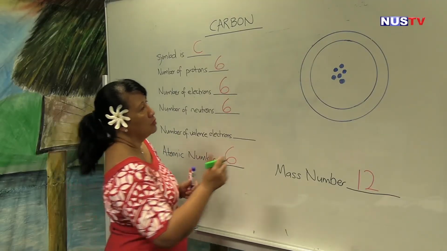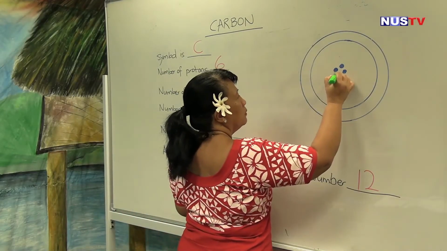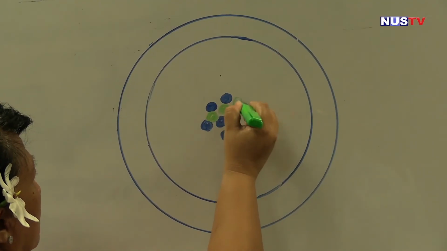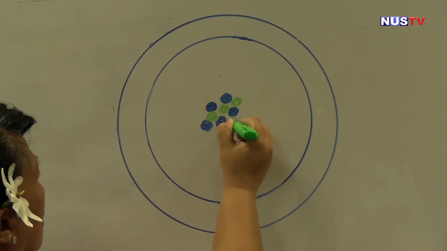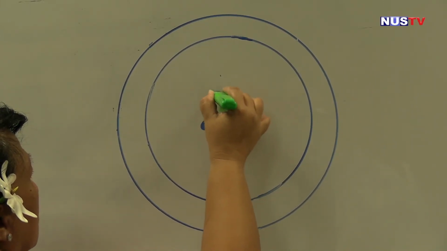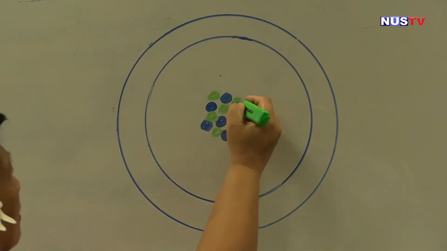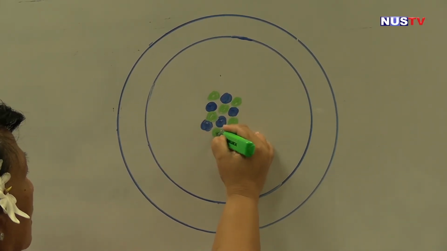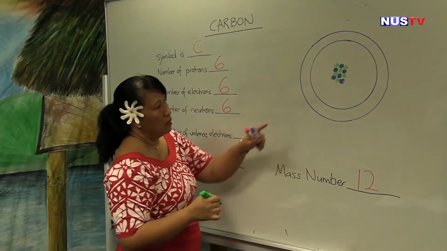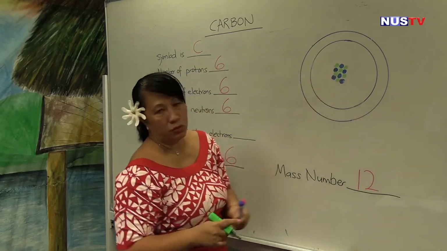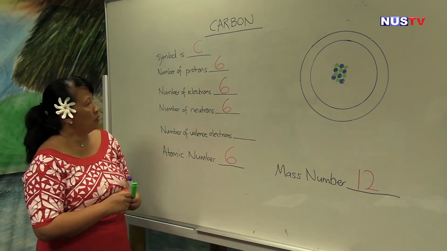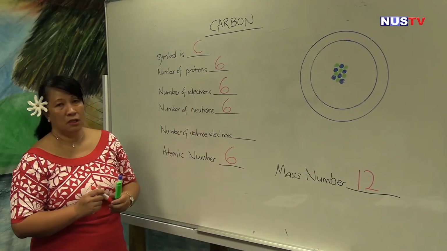We have 6 neutrons, and the 6 neutrons should be in between the protons: 1, 2, 3, 4, 5, 6. Color them in. You can use any different color that you like. So we have 6 protons and 6 neutrons in the middle, in the nucleus. And remember, it says here we have 6 electrons.